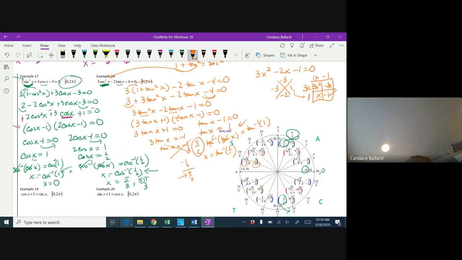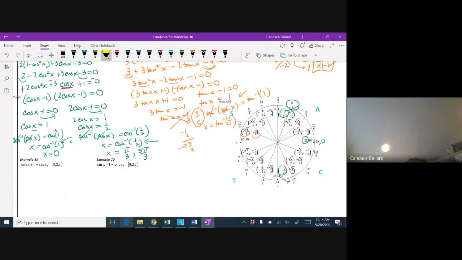And remember, it could be positive equal or negative and negative equal. So we've been doing a lot of unit circle, and I know that they're exactly equal at pi/4, and they're exactly equal at 5 pi/4. So those would be the two solutions we would get on this one. So pi/4 and 5 pi/4.